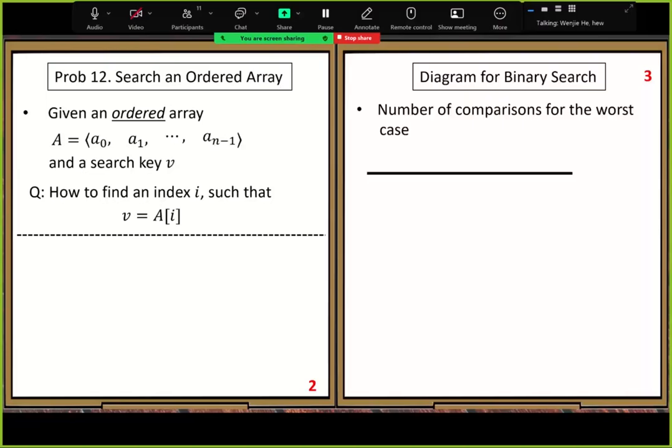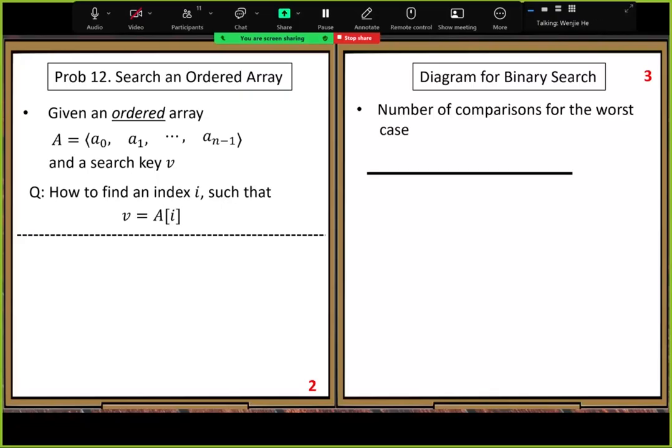Let me use this line segment representing the total number of elements in an ordered array. The length of this array corresponds to the data size. When we do binary search, every time we drop 1/2 of the data size, right? After each comparison, we can drop 1/2 of the data size. So we keep doing this.